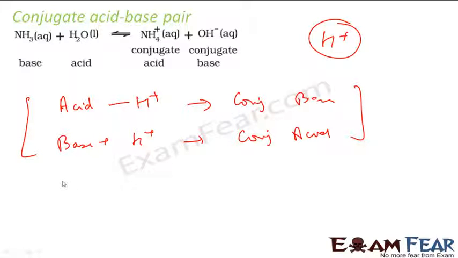And if this is strong, this becomes weak. If this is weak, this becomes strong. Correct? Hope you understand. It differs only by H plus ion, and the way you look is, for example, NH3 is a weak base. It is not eager to take H plus, but somehow it took H plus. Now this becomes a conjugate acid, and this guy will be more eager to give H plus back, so this becomes a strong acid. Okay.